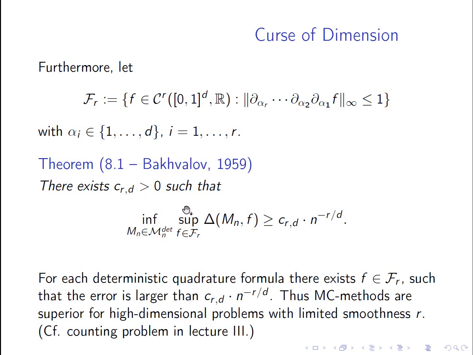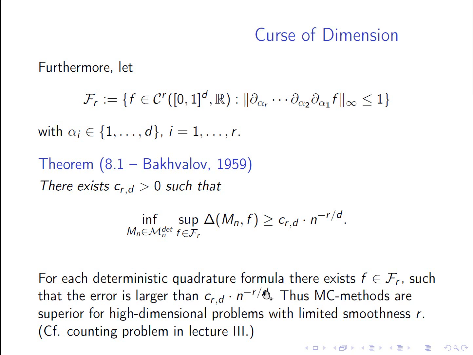And the worst case error is, we fix a method, we sup the error over all the problem instances, which are all the functions from the class we consider, and then we take the inf over all quadrature formulas. Or otherwise stated, for each deterministic quadrature formula, we can find an f in our problem class, such that the error is larger than C_{r,d} times n to the power minus r/d.